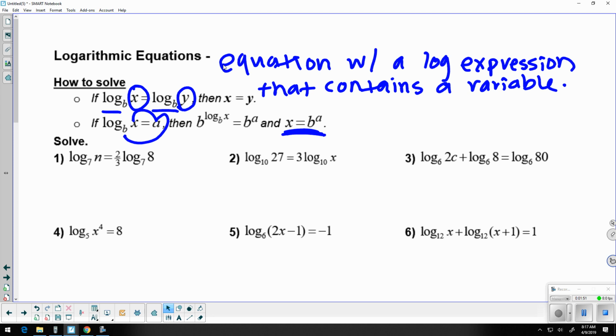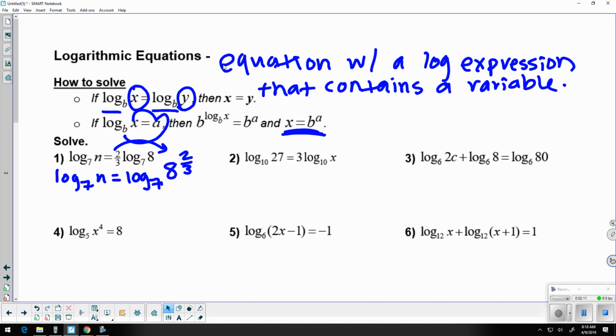As an example, in example 1, I already see one property. If you have a number in front of a log, you have to push it back to be an exponent. So this is really log base 7 of n equals log base 7 of 8 to the 2/3. Next, what is 8 to the 2/3 power?